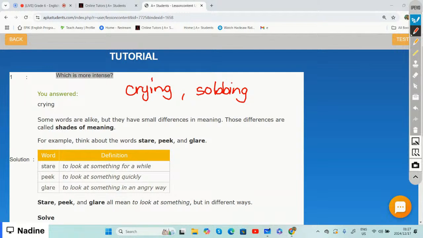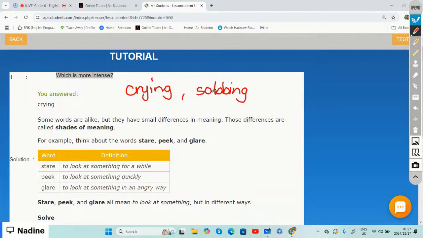And if we were to say what is more intense, remember if you're just crying, it's like you're just sitting there and your tears are falling down. Yes, you are sad, but you're just sitting there and tears are rolling down. When you're sobbing, it means that you are blaring. I would call that word blaring. You are crying, the mucus is coming out from you, the snot is coming from your nose.